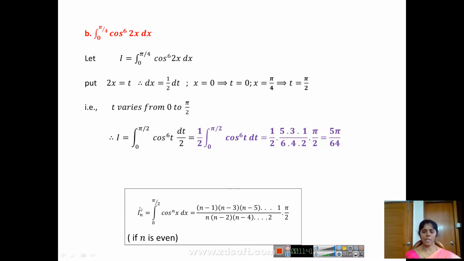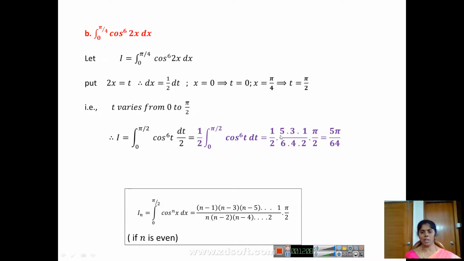We can use the formula that the integral from 0 to pi by 2 of cos to the power n of x dx is nothing but (n minus 1) divided by n, into (n minus 3) divided by (n minus 2), into (n minus 5) divided by (n minus 4), up to pi by 2, because here n is an even number. So I have applied the same thing here.